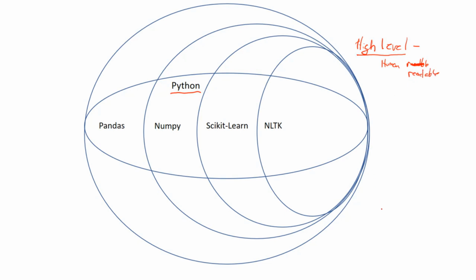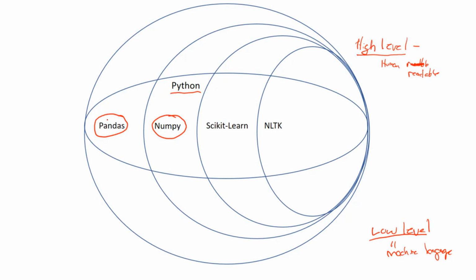The low level down here means it's much closer to the machine, and it's much harder to work with and learn. So the course title also talks about libraries. Right? So these things are our libraries. So what is a library?